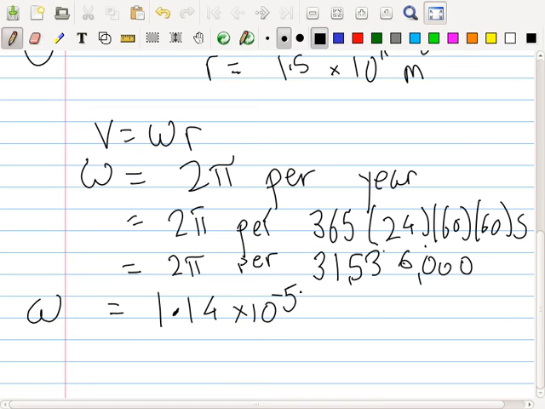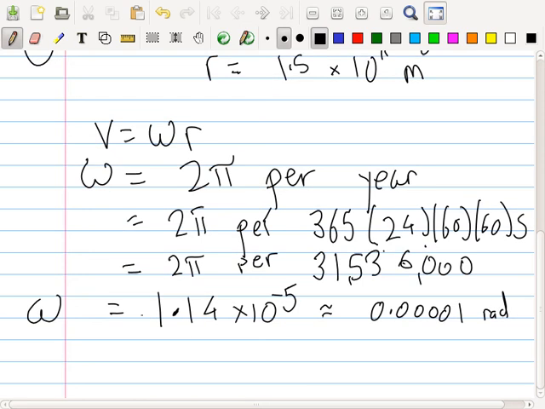So what this means is per second, it's about 0.00001. I'm not going to write this, leave it like this. So the point here is per second, the Earth's angle increases by this many radians. So every second it moves a tiny little angle.